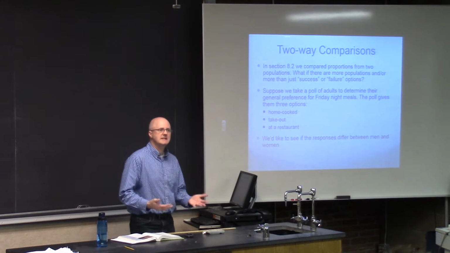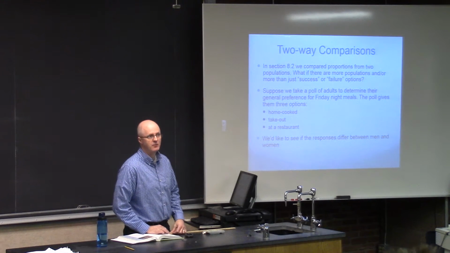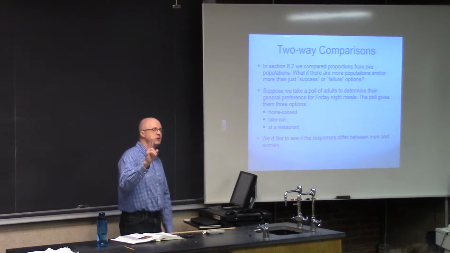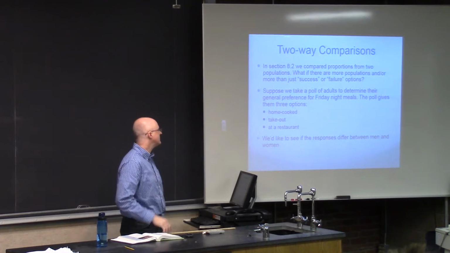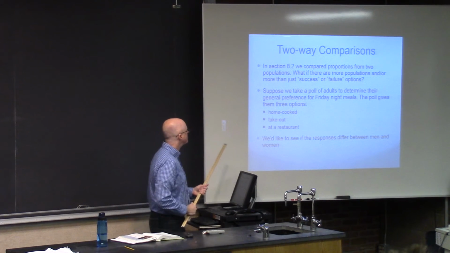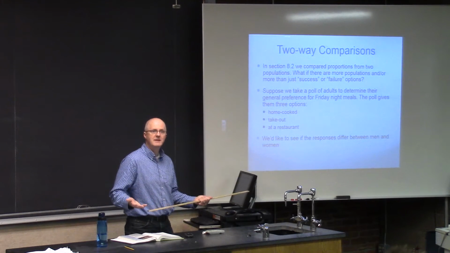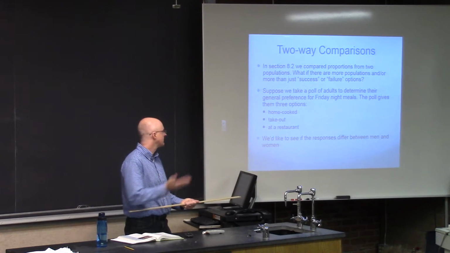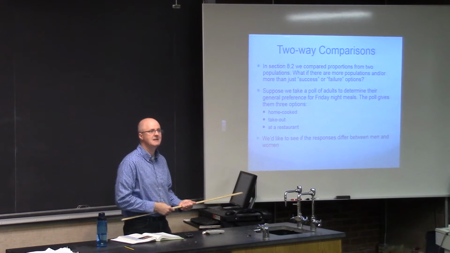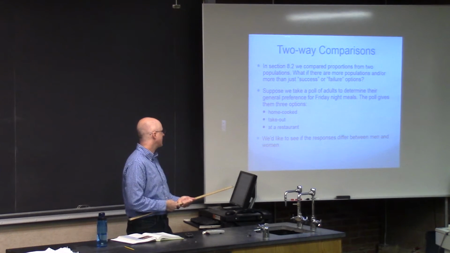And let's say we want to see if the responses differ between men and women. Okay? So you do have two categorical variables going on here. You've got the type of option for a Friday night meal. Meal option would be one categorical variable. Three different possibilities again, home cooked, takeout, or at a restaurant.